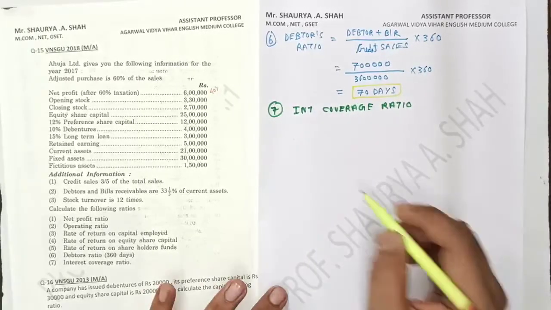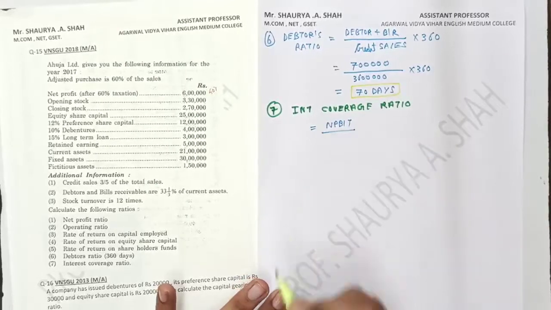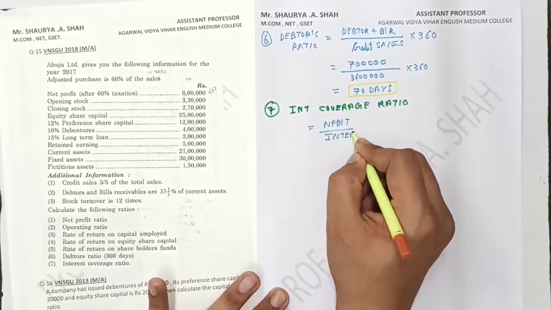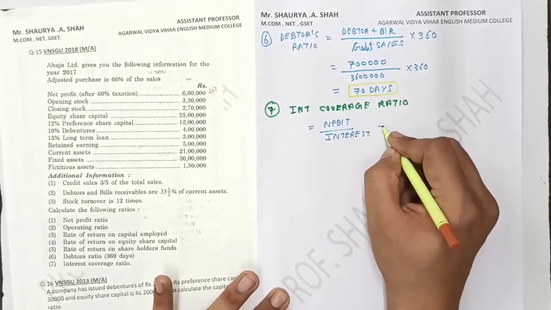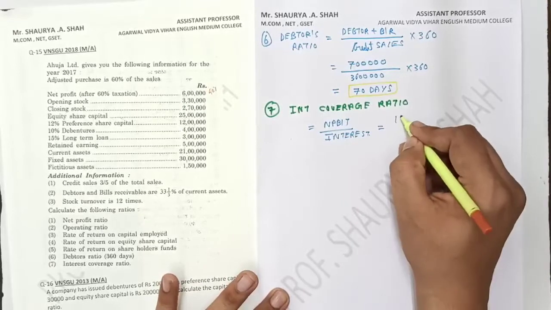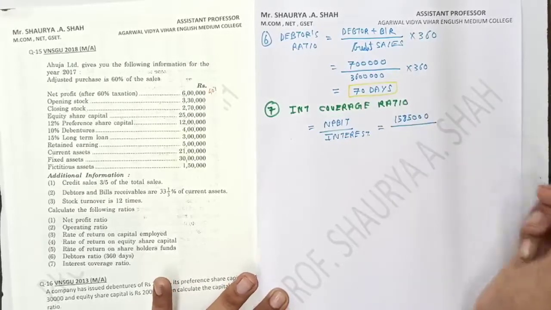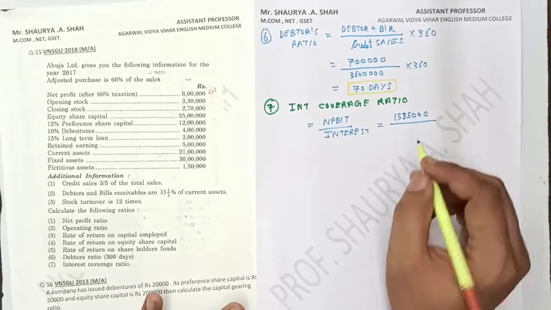It is your net profit before interest and tax divided by your amount of interest, right? Net profit before interest and tax we calculated as 15,85,000 rupees, divided by your amount of interest, right?